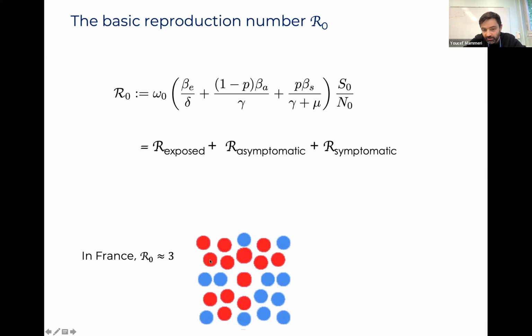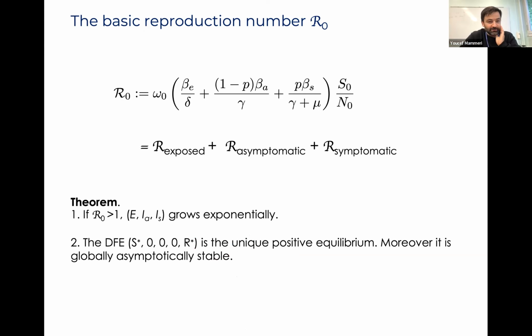And all these individuals will infect again 3 other individuals. But what we say at the end is that we have a number greater than 1, so the epidemics will go. This is what was done for most of the countries.